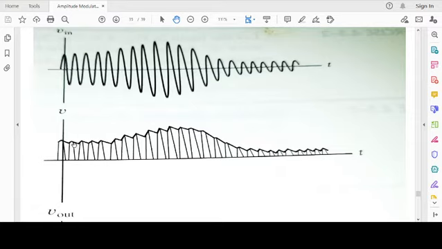Then when the signal falls down, the output decays. Likewise, the capacitor charges and discharges, and so on and so forth. So it tracks the envelope. This RC acts as a low pass filter, basically. The principle behind it is that it is doing a charging and discharging operation, and it tracks the envelope.